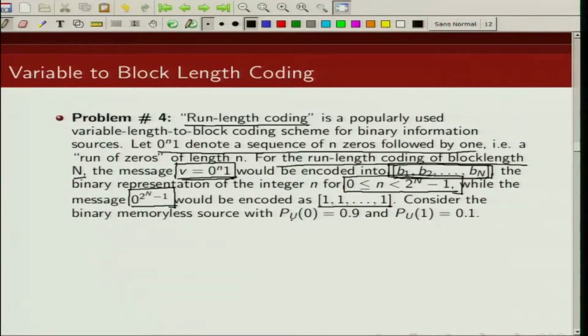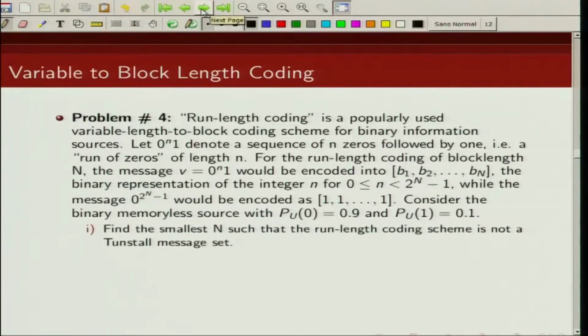So let us consider a source which emits zeros with probability 0.9 and emits 1 with probability 0.1. We are considering a discrete memoryless source, a binary source, so it emits zeros and ones.